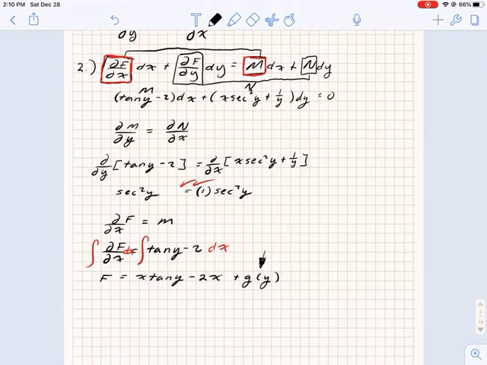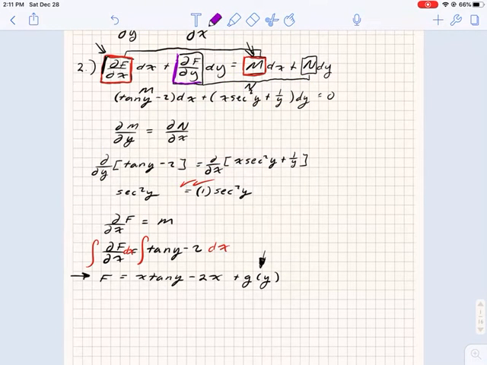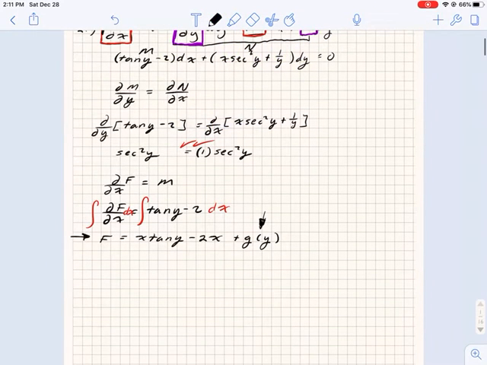So let's look at what we have here. We started off with the partial derivative of f with respect to x is equal to m, and we found what f is, but we don't know what g of y is. We don't know what that function of y is that we lost when we took the partial derivative. So to find that, we could take the partial derivative of f with respect to y and set that equal to our n.